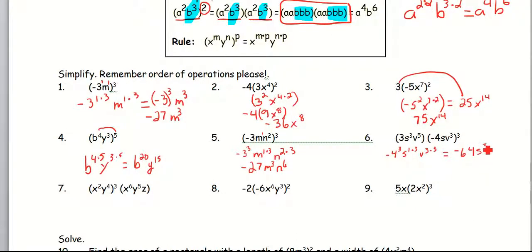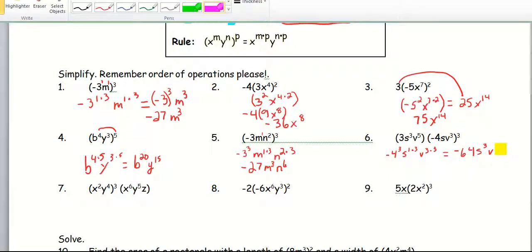v to the 9th. Okay, so now I can multiply, and let me just show you, because I want to show you that this is the same as that. All right, now I can multiply my two together.